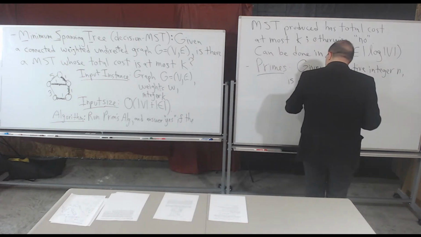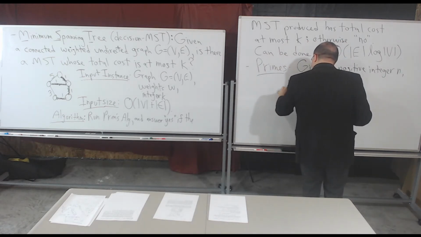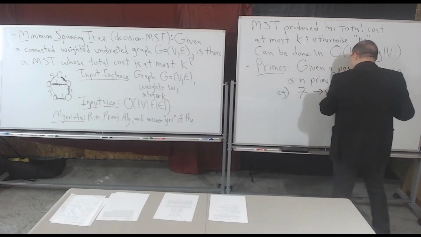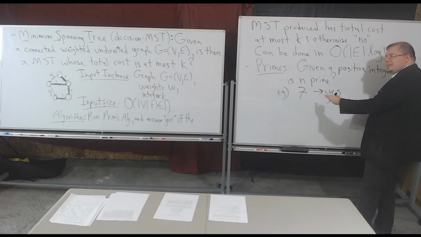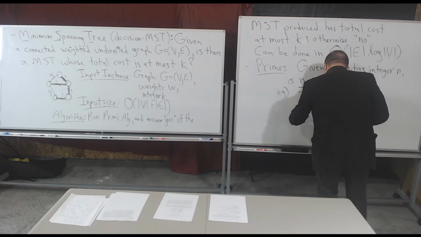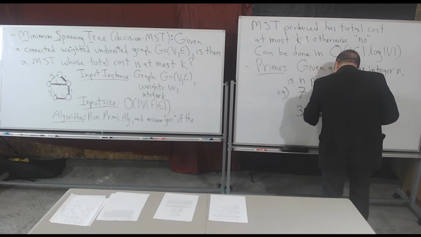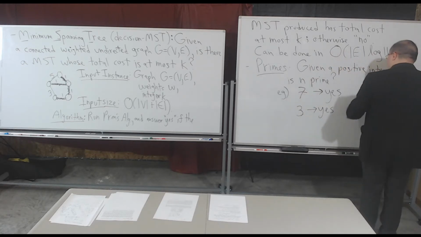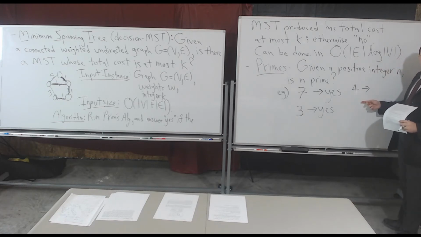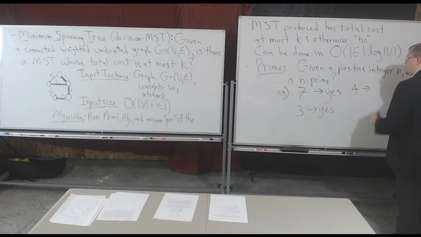If I give you, say, the number 7, you would of course say yes, that's a prime number because it's not composite. That's kind of circular reasoning, but I don't think I need to justify that at this level. The number 3, of course, that's a prime number. How about the number 4? Is 4 a prime number? No, it's a composite number. It's 2 times 2.